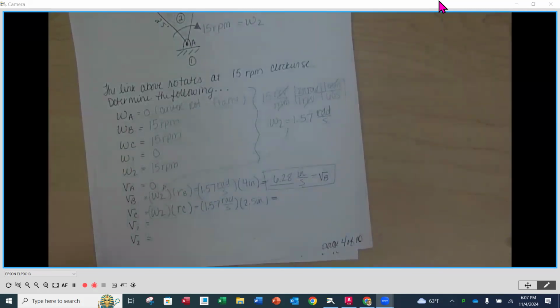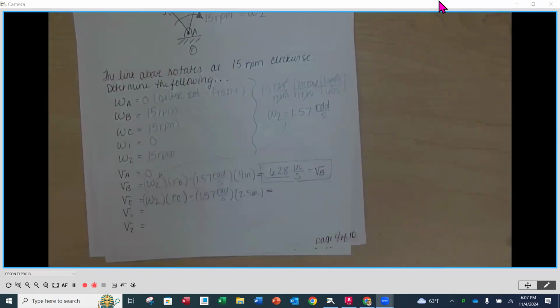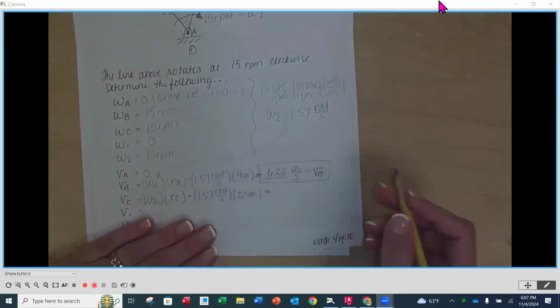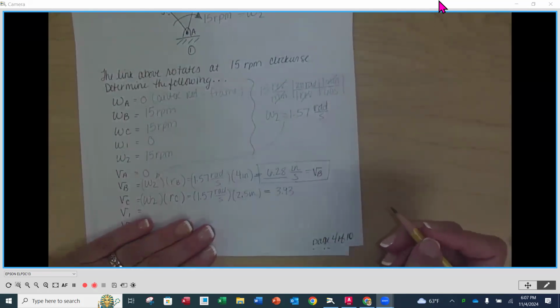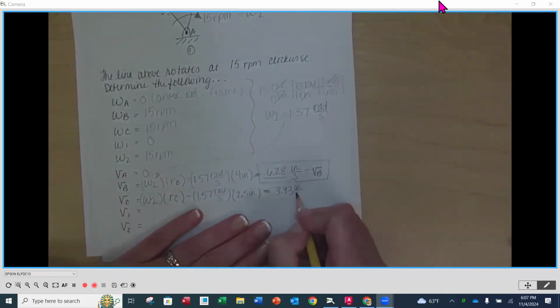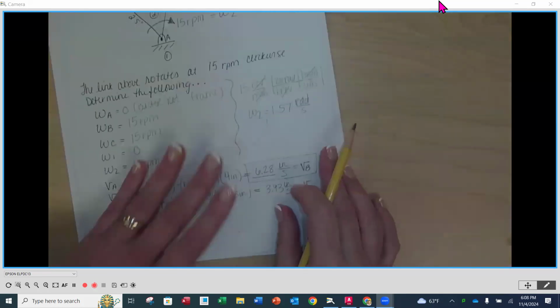So what will my value be? 1.57 times 2.5. 3.93, I heard from 2 people, and that's going to be inches per second, equal to the velocity of C.